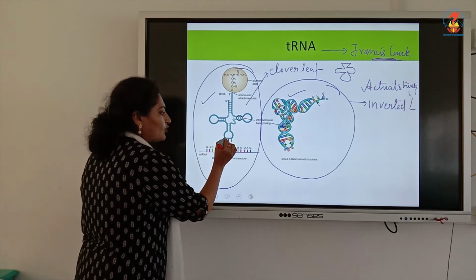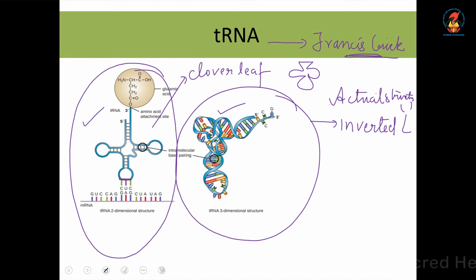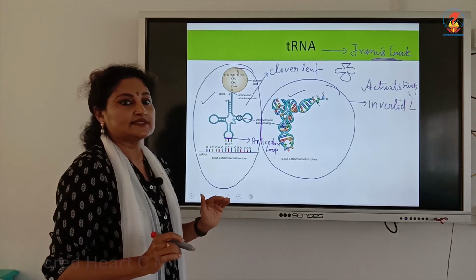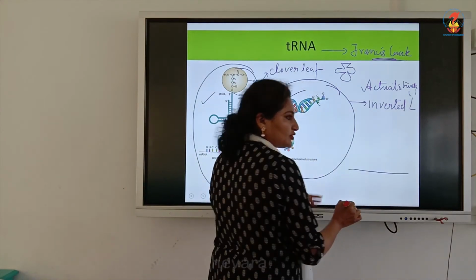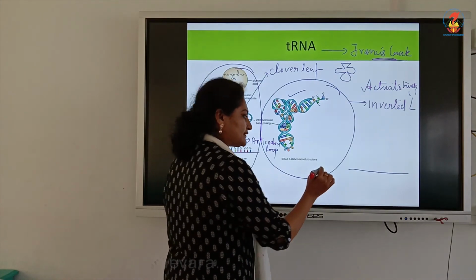There is an anticodon loop. This anticodon loop has three bases, and these three bases are complementary to the bases on the codon. I told you on the mRNA there are triplet bases called codons.